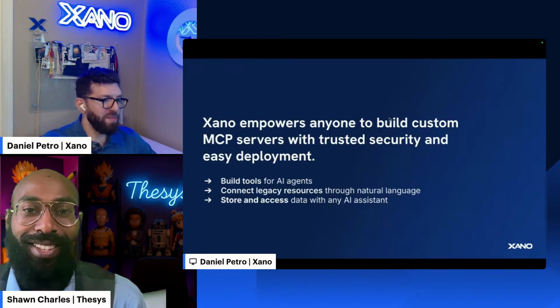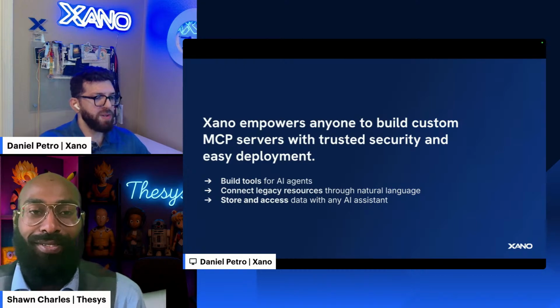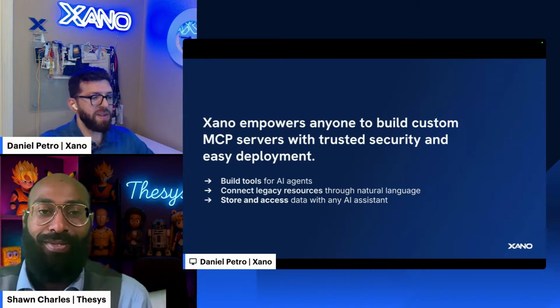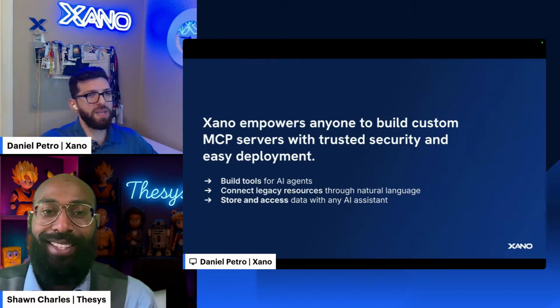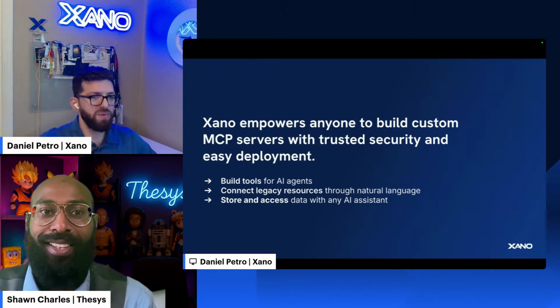Moving along, in one of our previous releases, we released our powerful MCP builder or server builder. And one of the really cool things that you're able to do with this, like Shawn was saying, was communicate with natural language and equip your agent with these tools, right?